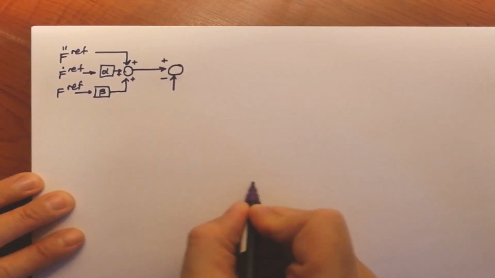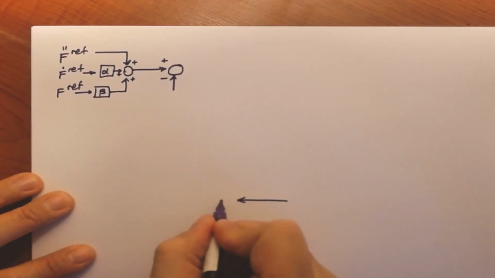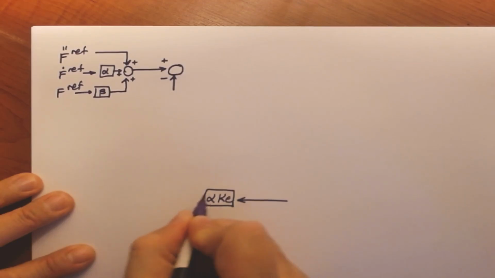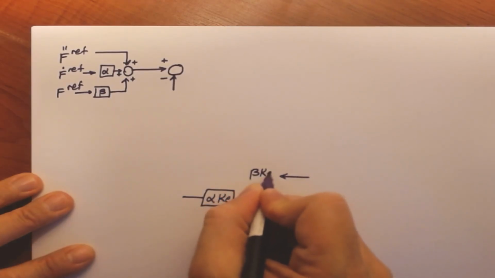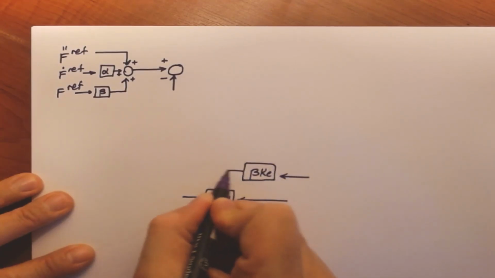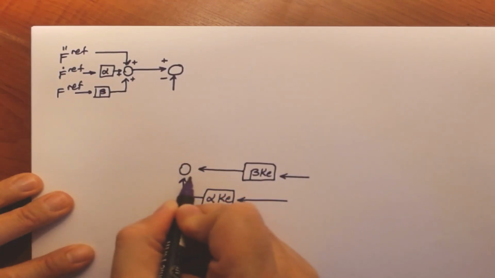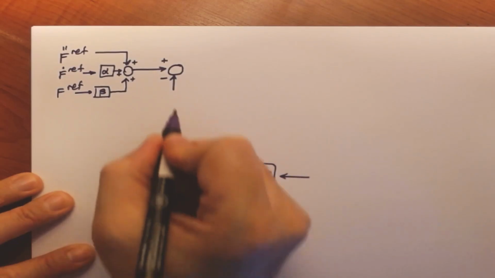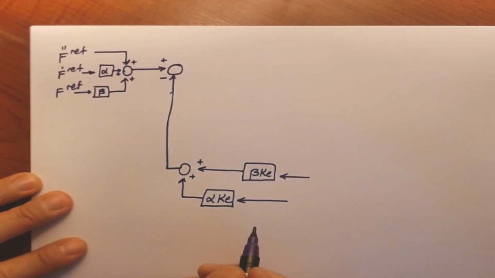So I can call here the signals. Alpha KE, that's a scaling factor, and I can write here beta KE, that's another scaling factor. So I can add them up here, and they should be subtracted from the feedback loop.